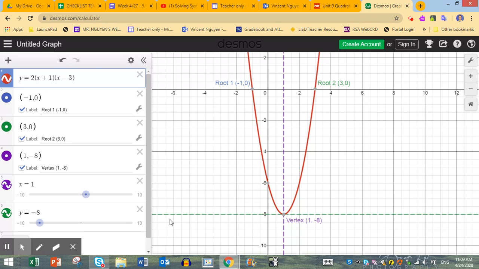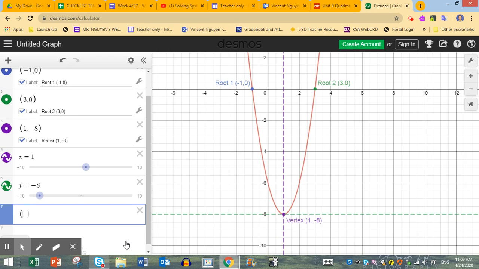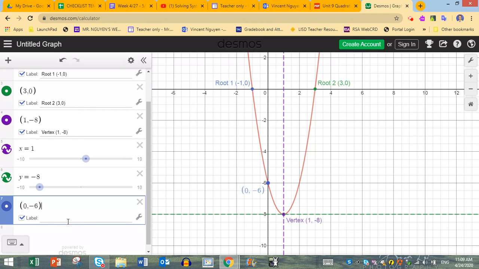So if you put (0, -6) in here, and then you go down to label and put y-intercept, you could also put the ordered pair (0, -6) so you can identify it fast. So here we go: y-intercept, x-intercepts, axis of symmetry, minimum.